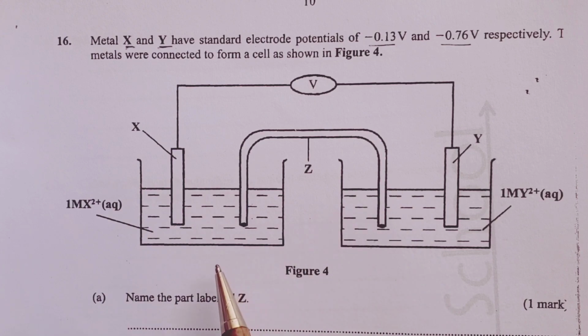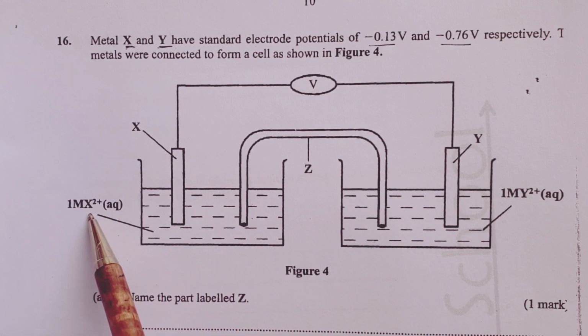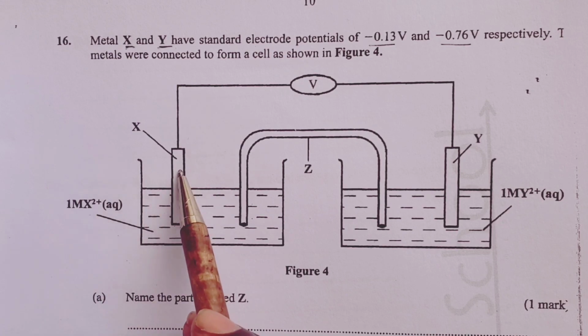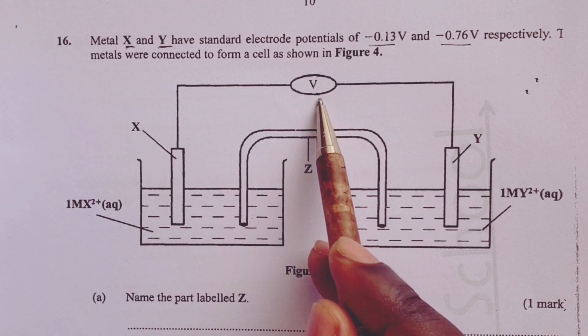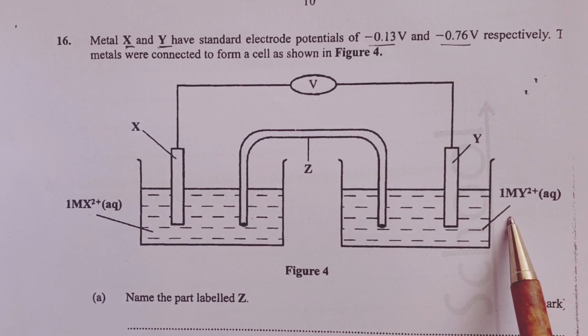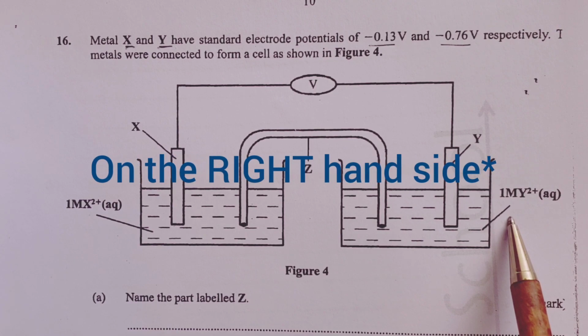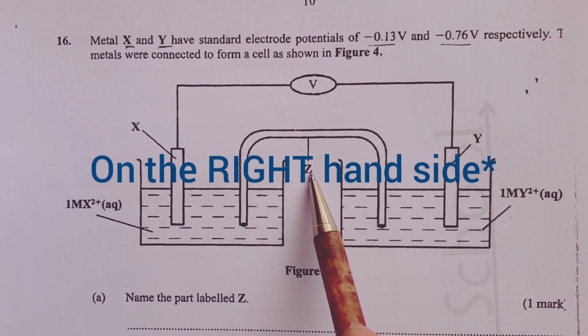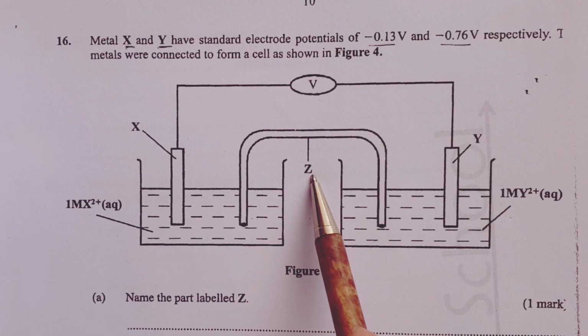So here we have 1 molar of X ions as our electrolyte on the left. This is electrode X, voltmeter is here. Electrode Y, 1 molar Y ions as electrolyte on the right hand side. And then we have a piece of apparatus here, Z, which we call the salt bridge.